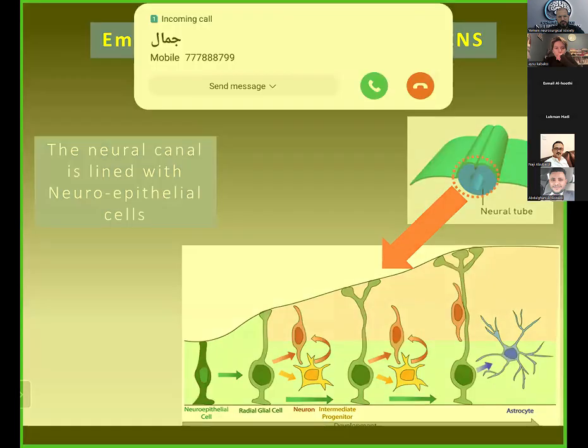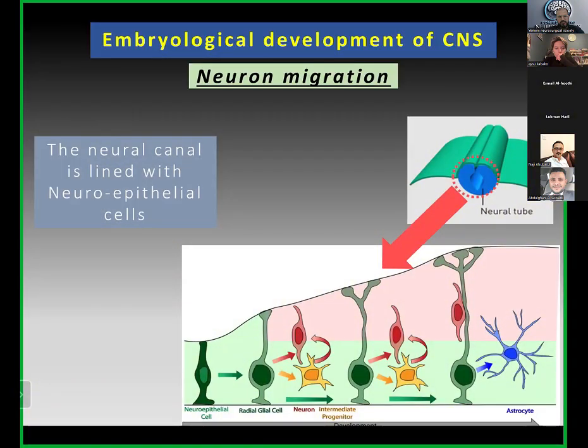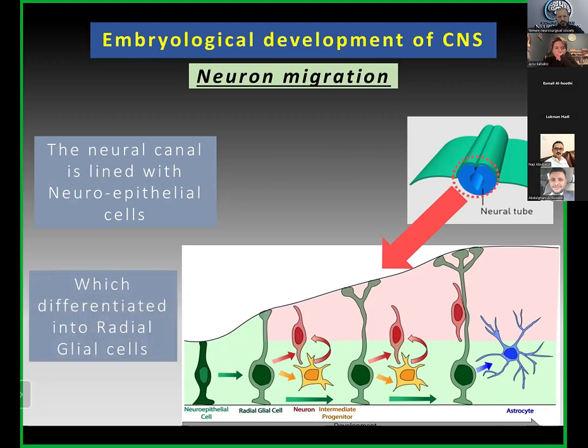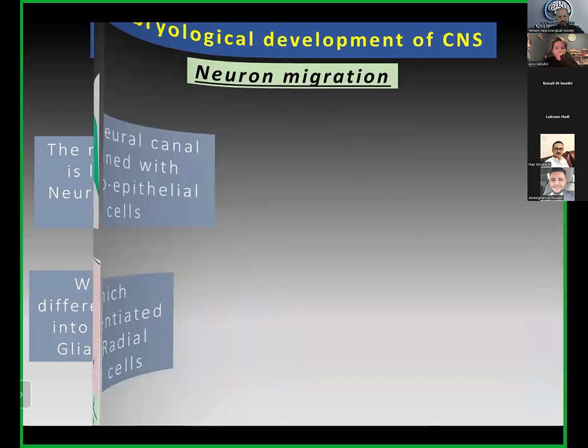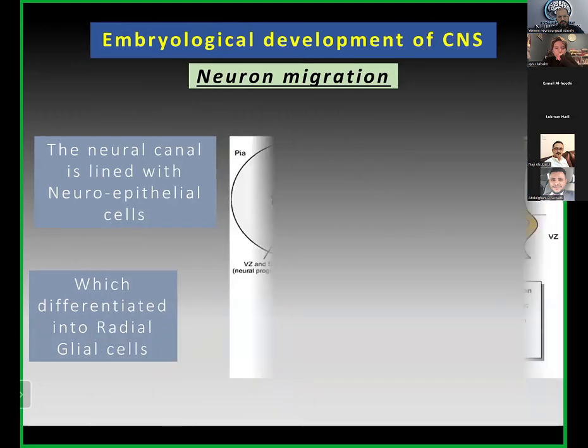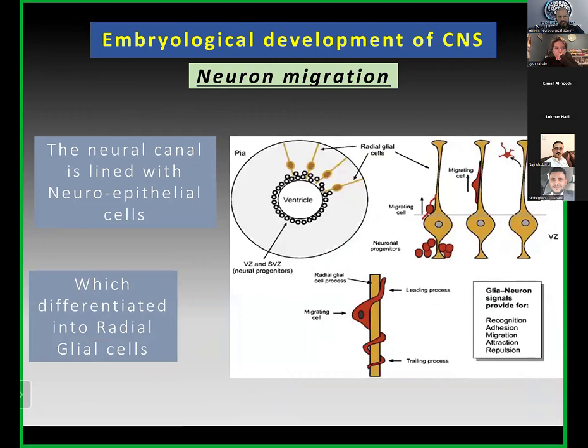These radial glial cells will differentiate into types of cells, as we will talk about later on. Also, this diagram shows the neuroepithelial cells and their differentiation to the radial glial cells.